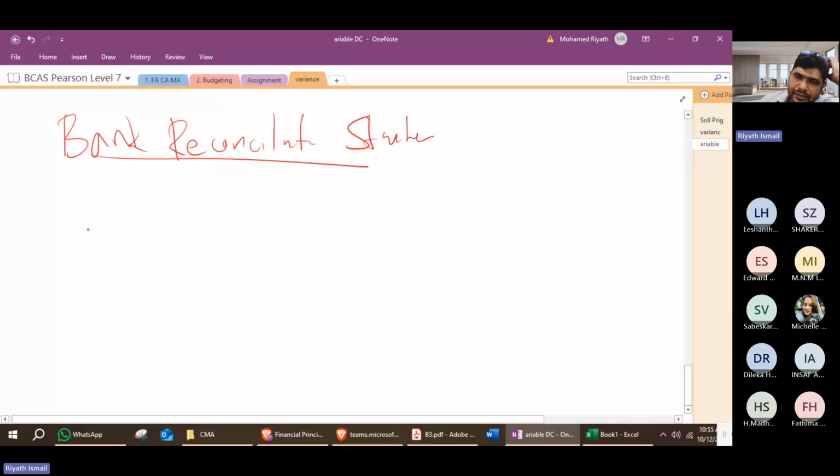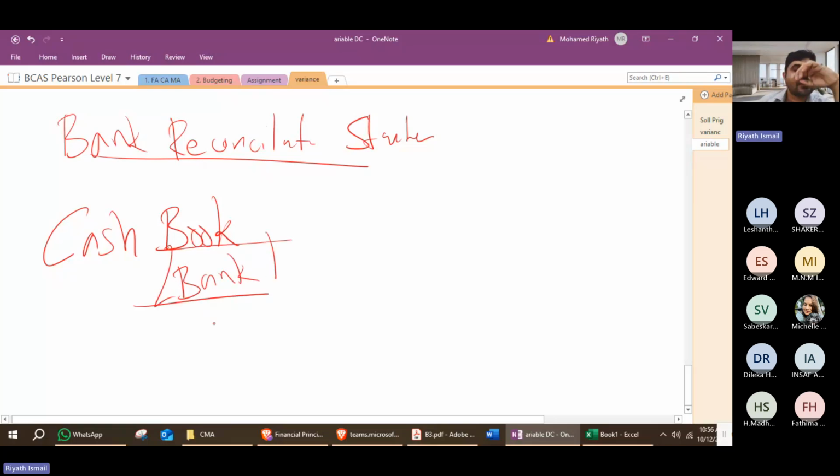So bank, right? Cash book. In the cash book, we have a column called bank. How much money is deposited? How much money is available in the bank account? You may write in your book, say, 50,000 rupees in your bank account, or 5 million.